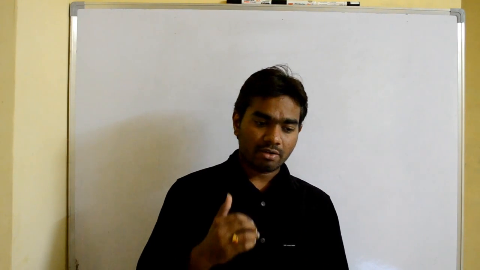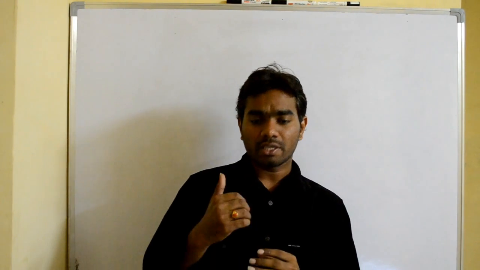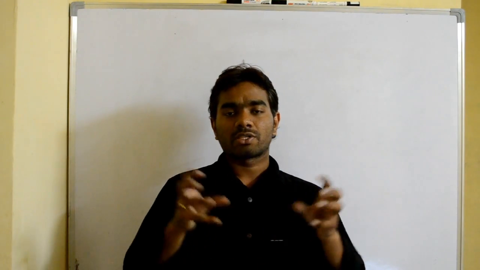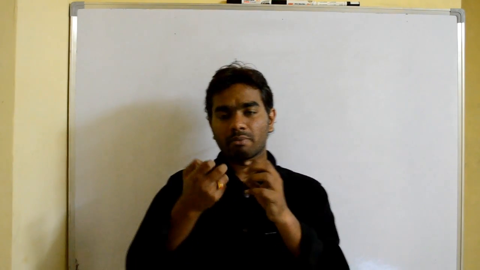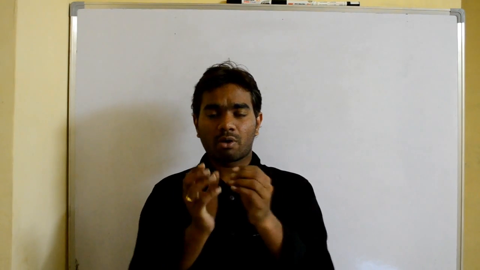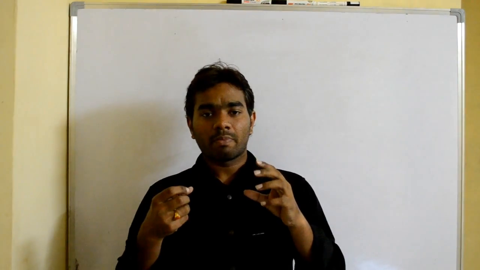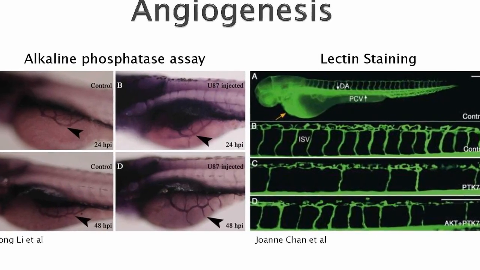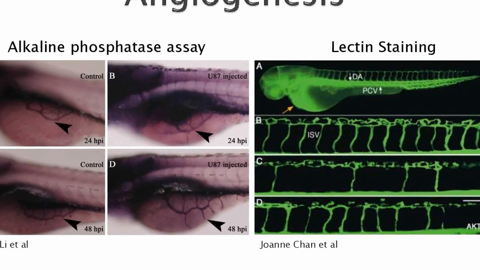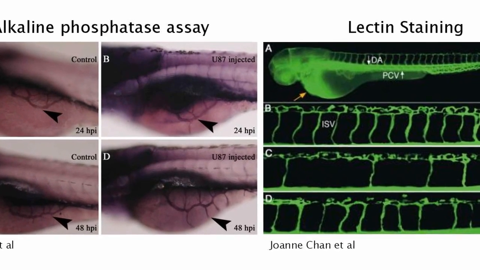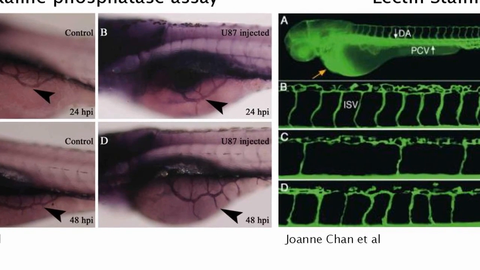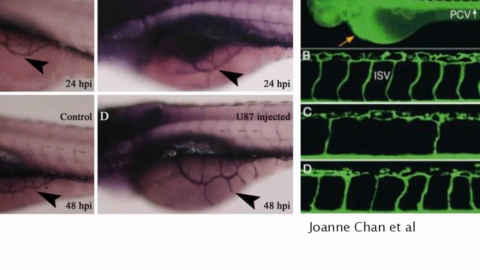So when VEGF is induced, angiogenesis takes place, with sprouting of small tiny blood vessels coming out of the main blood vessel. In this diagram you can see some sprouts and branches of these zebrafish blood vessels.